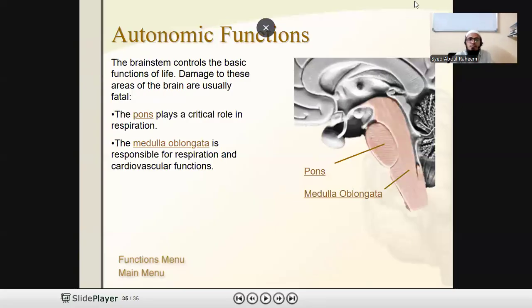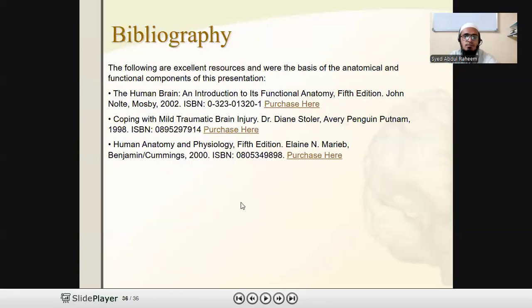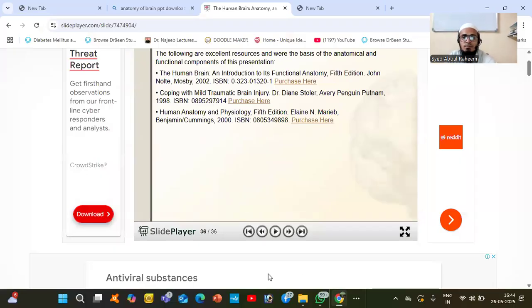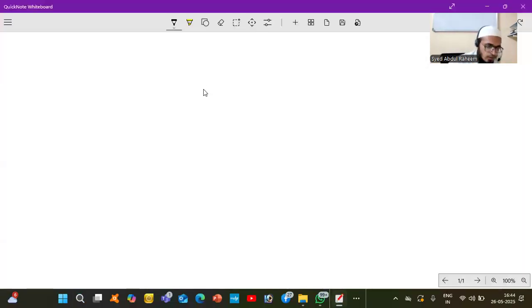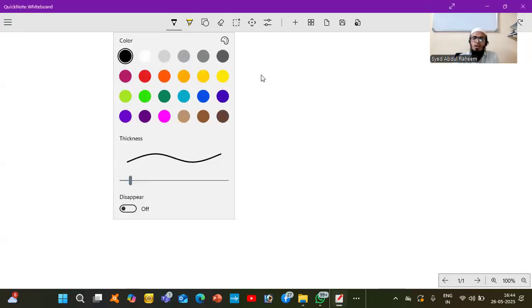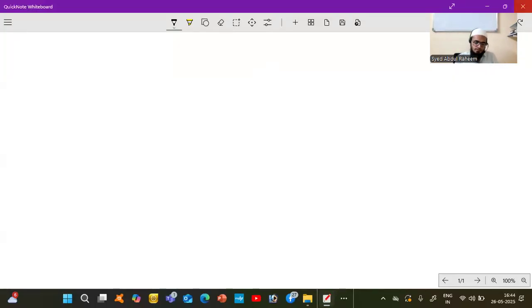So let's discuss some radiology part. In the brain, most of the problems are coming. We have different types of problems in the brain.